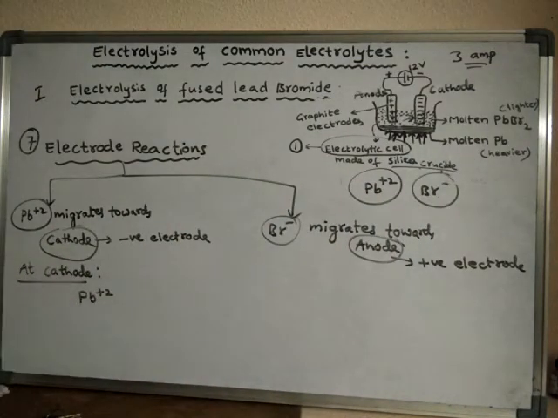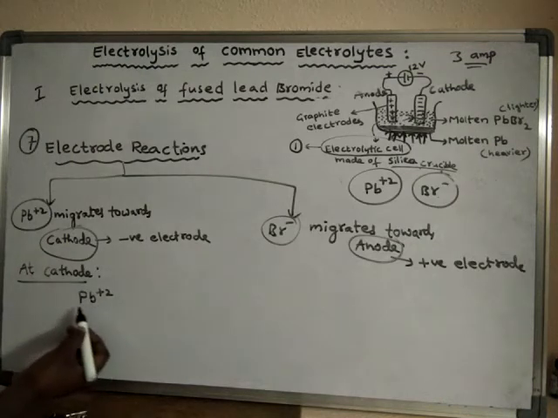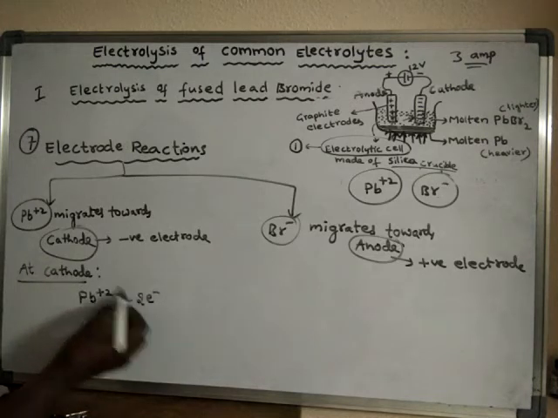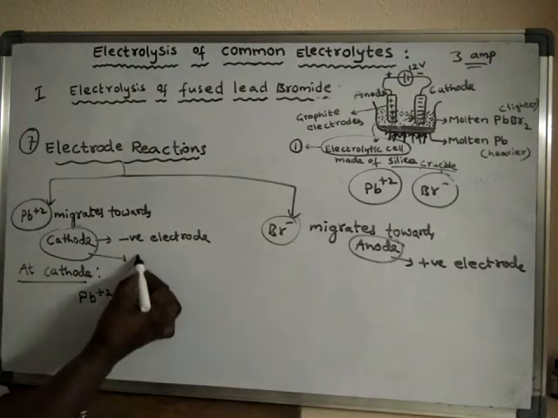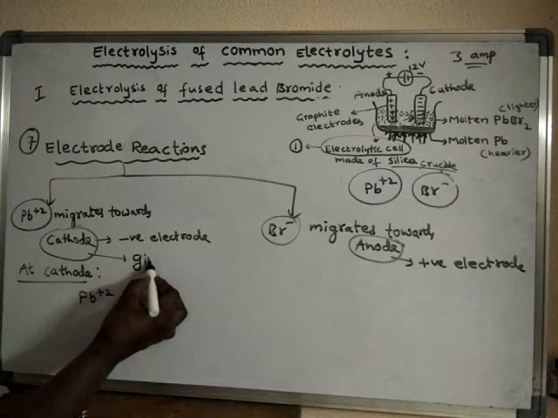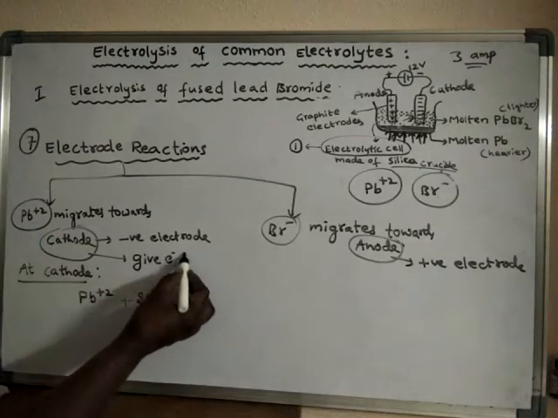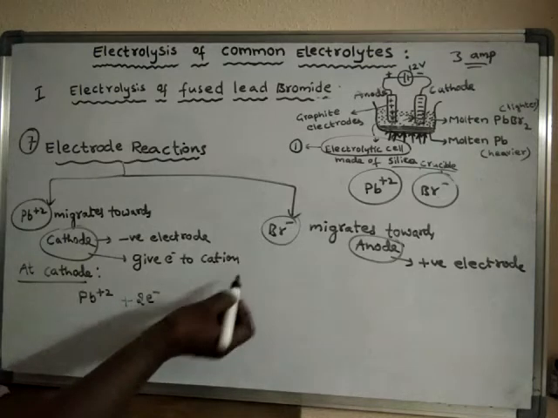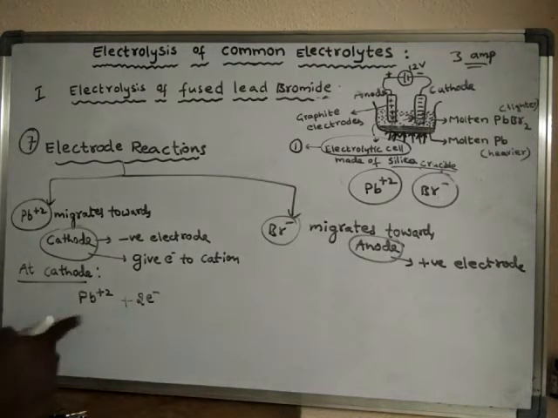So at the cathode, after moving towards it, what happens? This lead ion will take electrons from the cathode, because the cathode will give electrons to the cation.